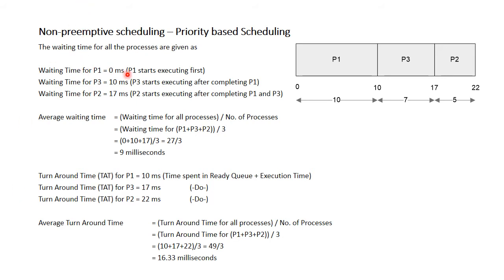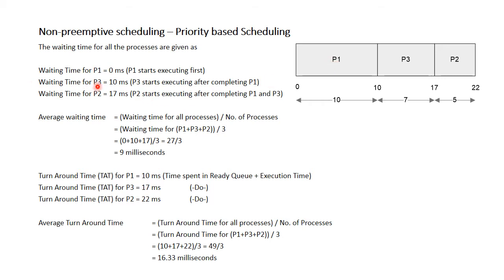We'll start with the first process. Waiting time for process P1 is 0 milliseconds, because P1 enters the ready queue without any delay, so the processor takes it for execution without any delay. P1 is the first process executed by the processor.